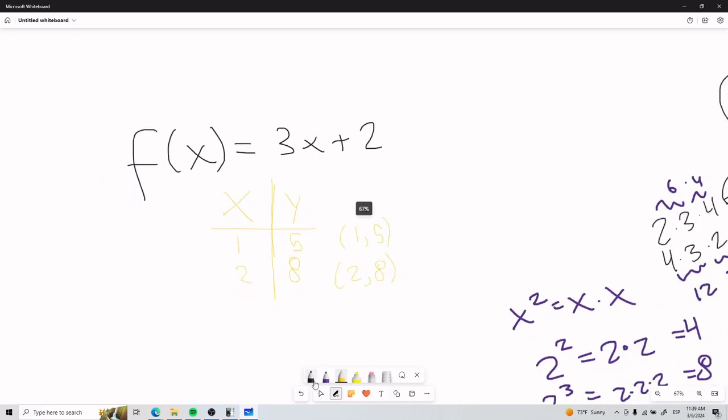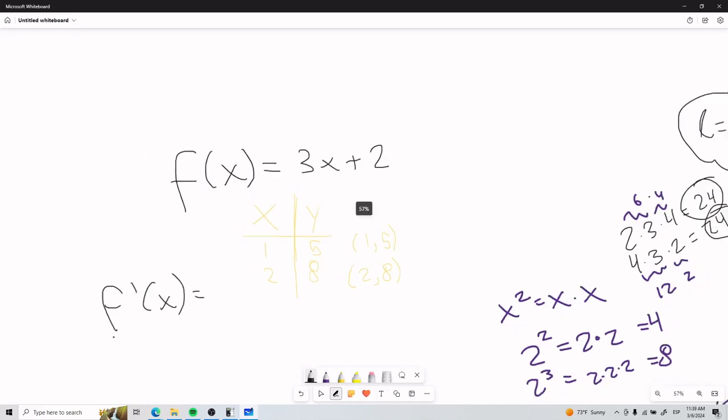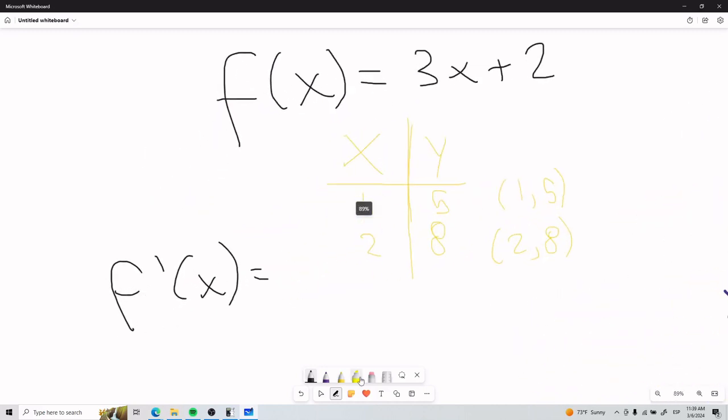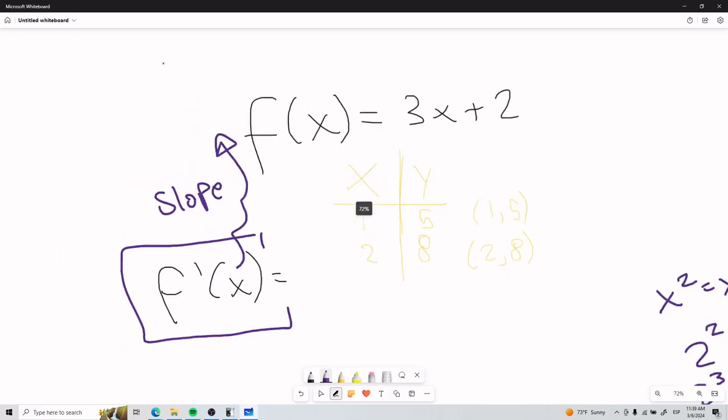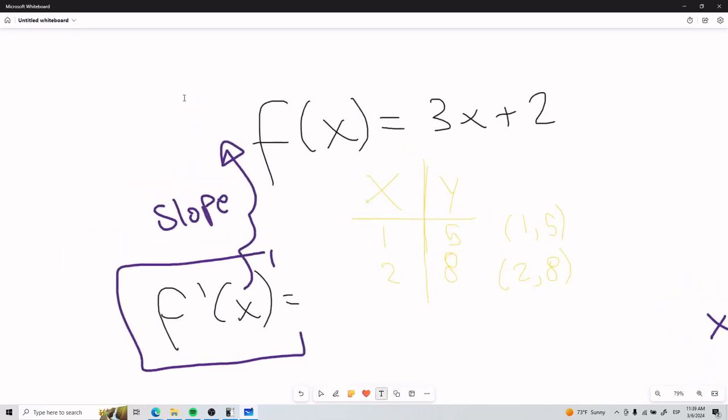See? The moment you do the derivative, what happens is that now you don't get a set of points. What you get is that this whole thing is now slope. If you plug in x equals 2, now you'd be asking, what is the slope when x equals 2?